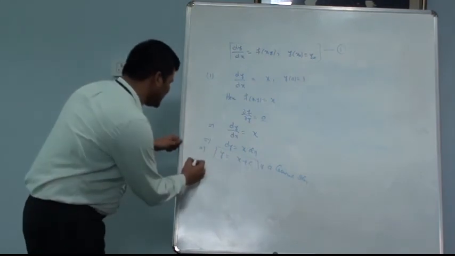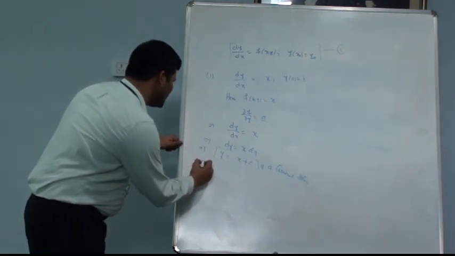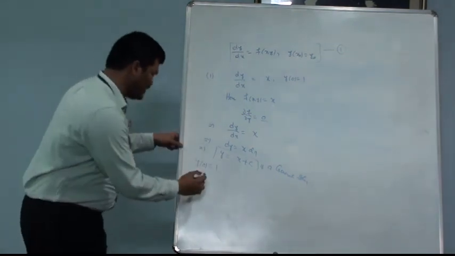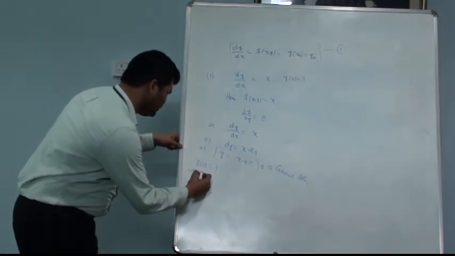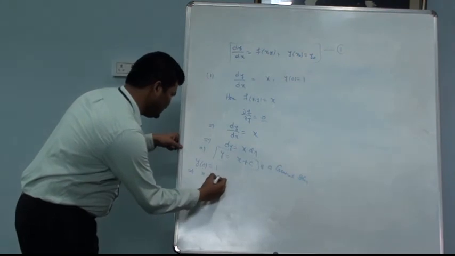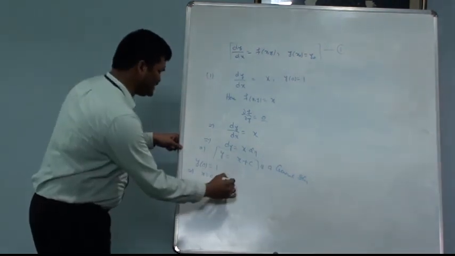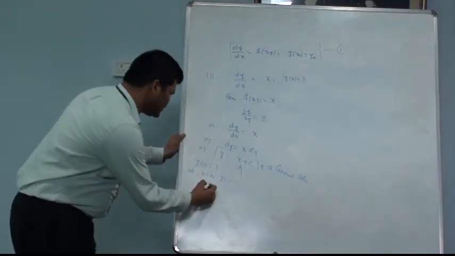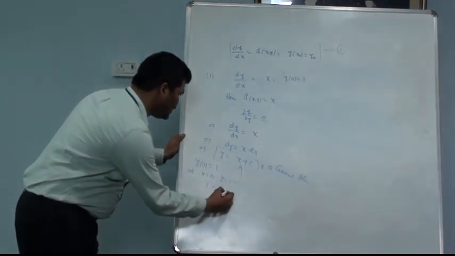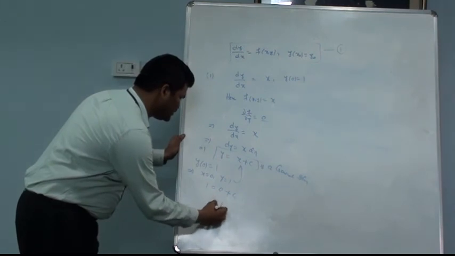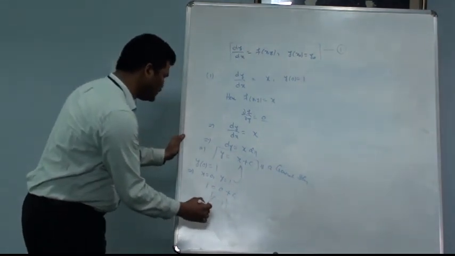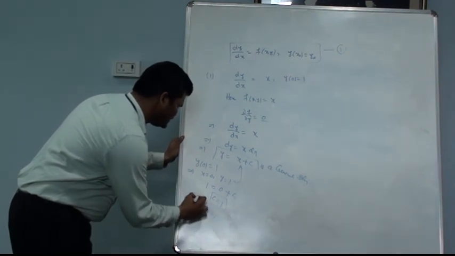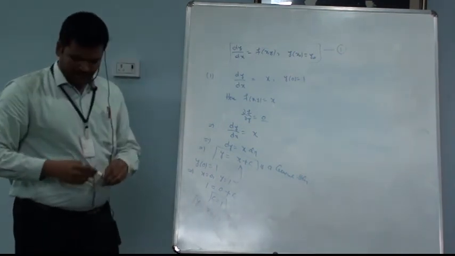Now the initial condition is y of 0 is equal to 1, so x is 0 and y is 1. Let us substitute: 1 is equal to 0 plus c, so c is equal to 1. Therefore y is equal to x plus 1. It is a unique solution.